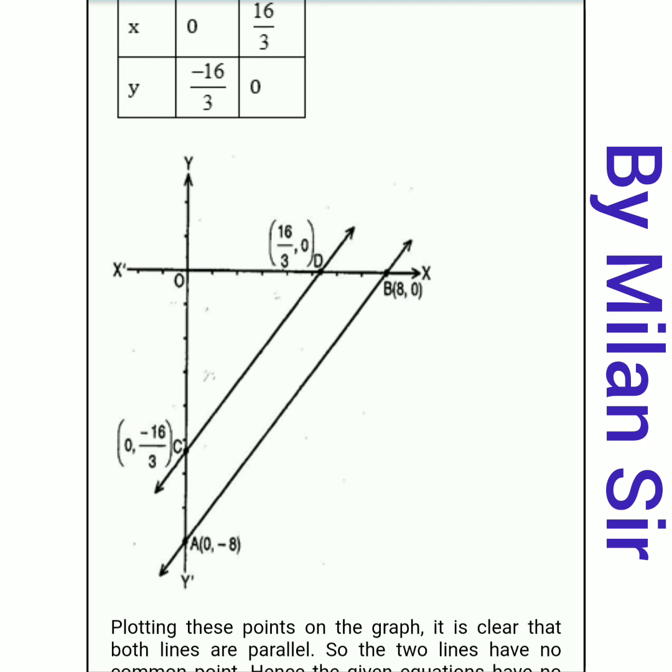Now obviously from this graph we can say that these two lines are parallel lines. Parallel lines mean no solution. So from the graph we can say that both the lines are parallel, so the two lines have no solution. So the following pair of linear equations is inconsistent.